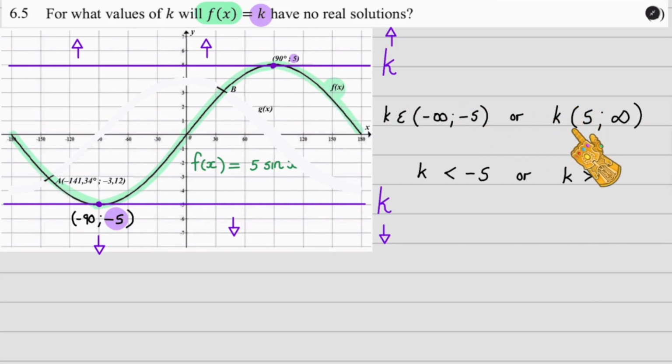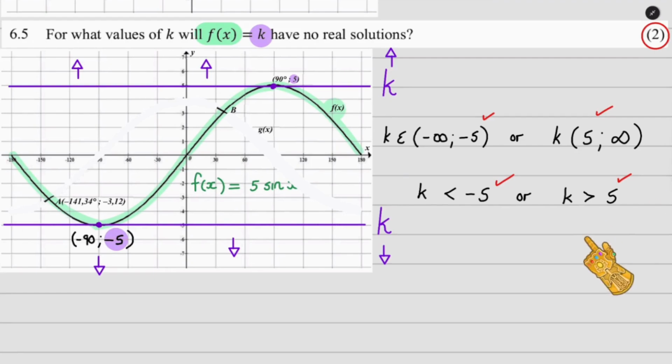So I have to use circular brackets or the inequality symbol that does not have the equal sign, and this one just states from 5 upwards, so anything bigger than 5. And let's have a look where our marks come from here. You just get 1 mark per little solution here. So this inequality gets a mark, this inequality gets a mark, or if you used the different notation, this will get a mark and this will get a mark.